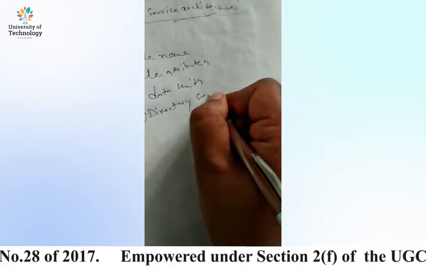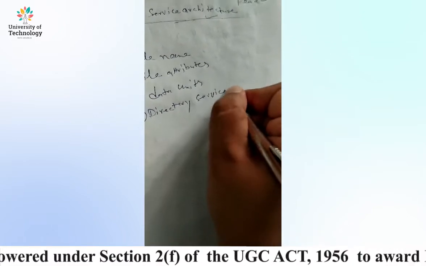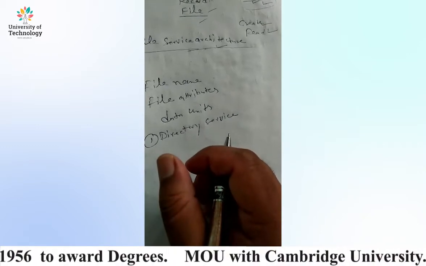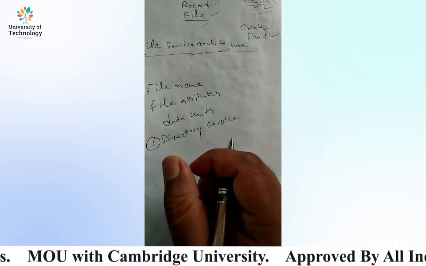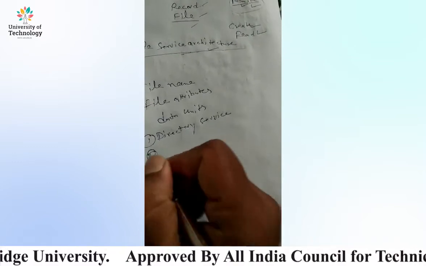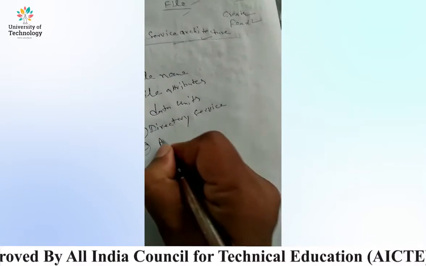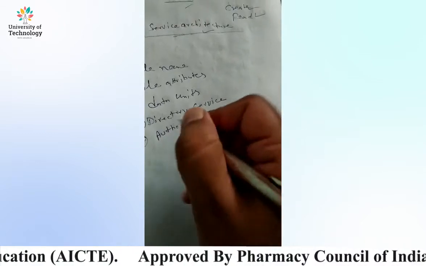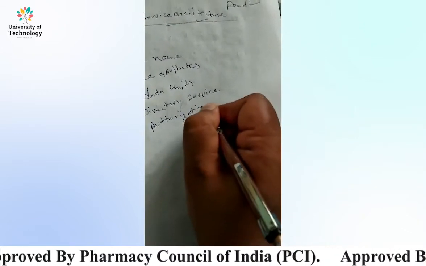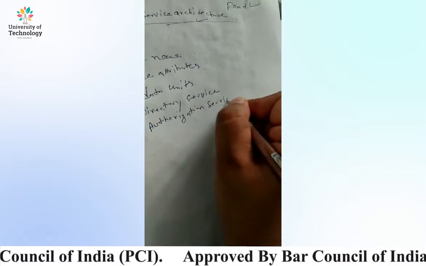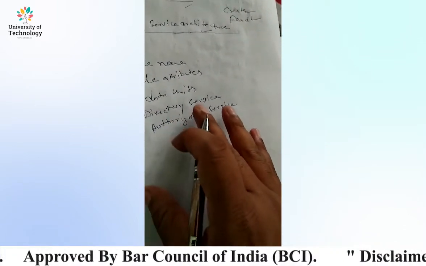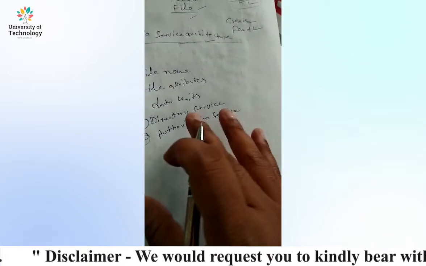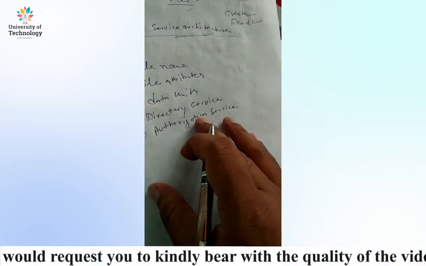Directory service provides name resolution, addition and deletion of files. Second is authorization service: capability and or access control list.